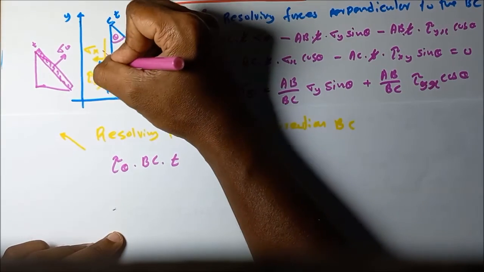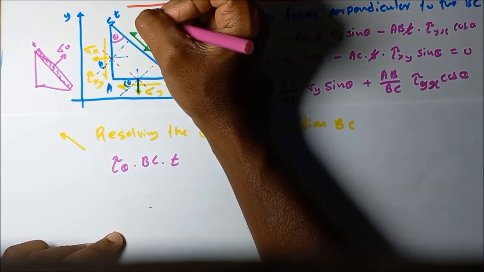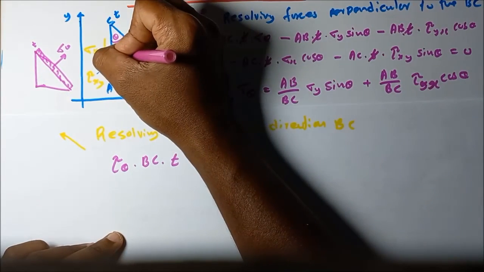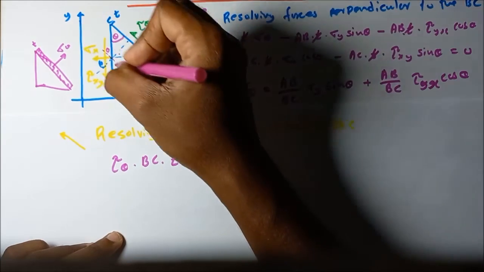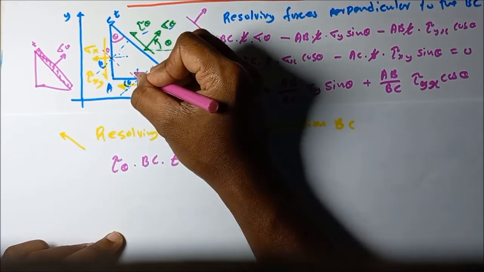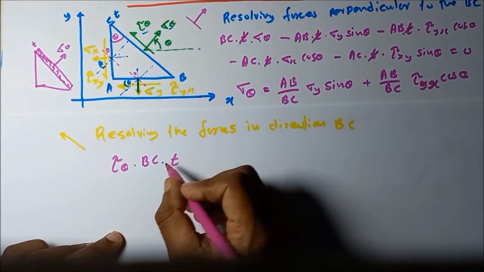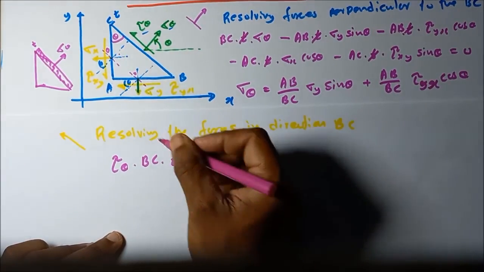This one is equal to theta, then this is 90 minus theta, this one also theta.